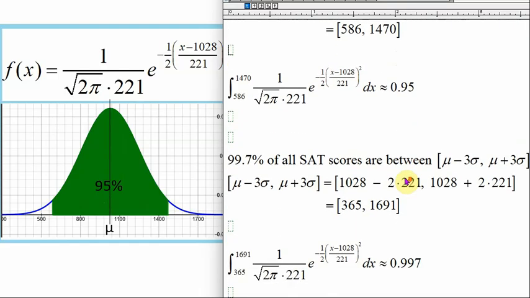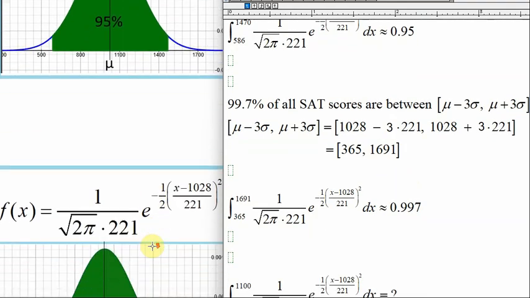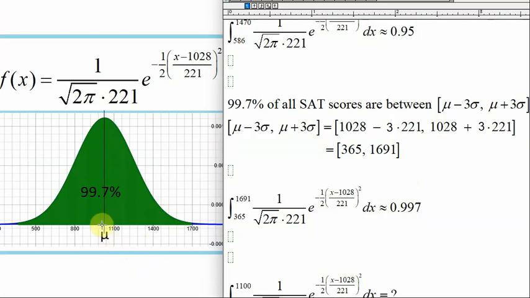And then the empirical rule also says that if from the middle right here, we go 3 sigma to the left and 3 sigma to the right, or the interval between mu minus 3 sigma and mu plus 3 sigma. So right here in the middle, this is mu, and right here this would be mu plus 3 sigma, and right here this would be mu minus 3 sigma.